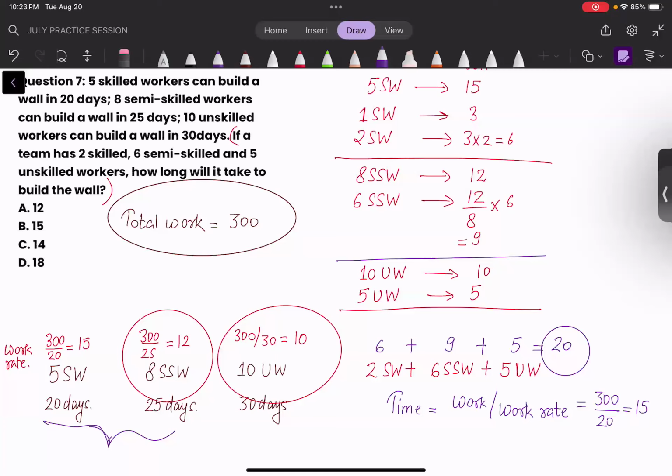Any multiple. 20 and 25 multiple is 100. Now think, 100, is it a multiple of 30 also? No. So now think of a multiple of 100 and 30 both. Which one is that? 300. So this way 300.